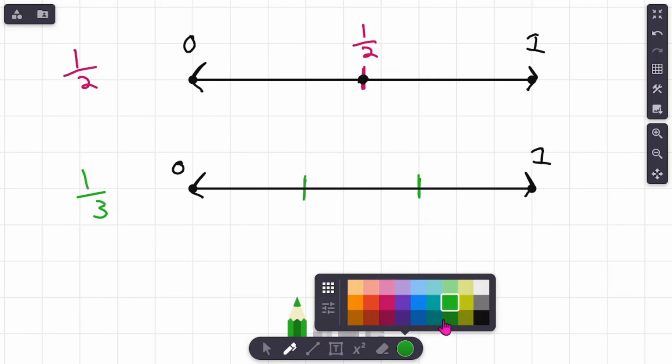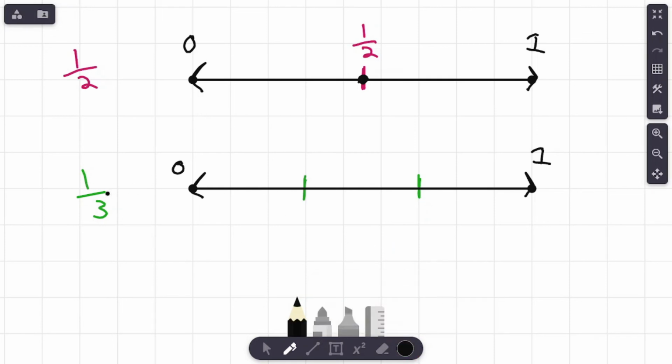The numerator is 1, so that's how many equal sections we need to count over. Here we go, 1. So this is where we put our point, and we're going to label that. What fraction are we labeling this? This is going to be 1/3. Let me rewrite that real quick. There we go, 1/3.